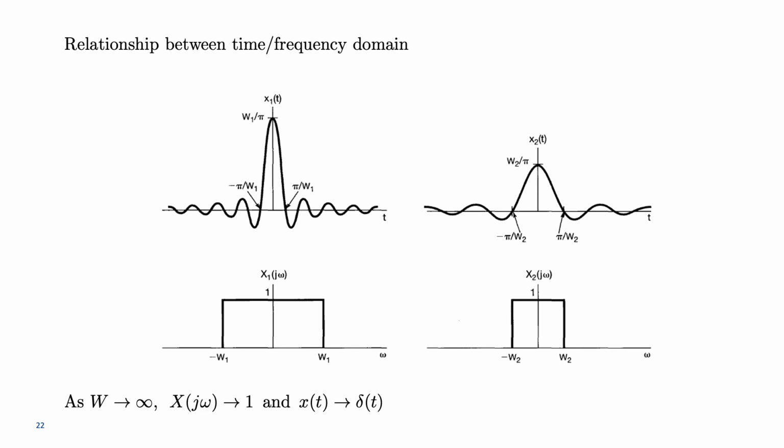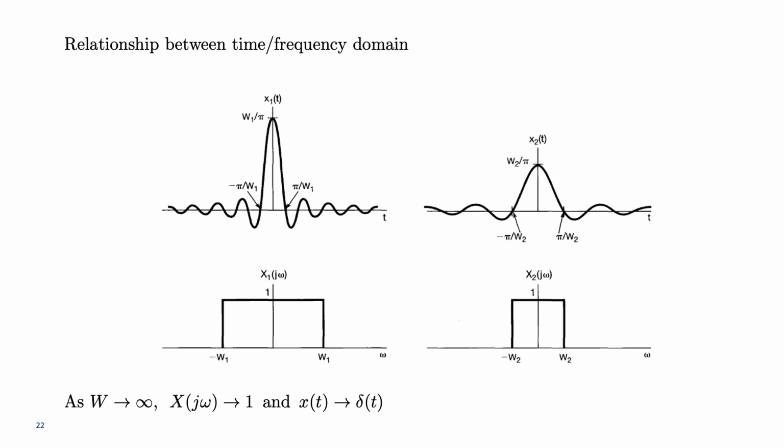The ones on the right have a smaller value of W. We notice that as W increases, the Fourier transform X of j omega at the bottom becomes broader. On the other hand, the main peak of the signal in time domain becomes higher, and the width of the first lobe becomes narrower.